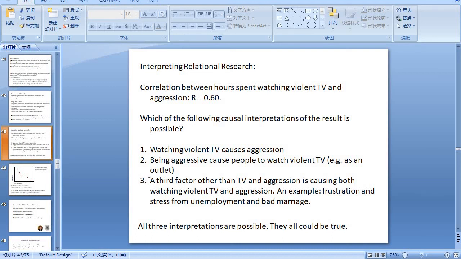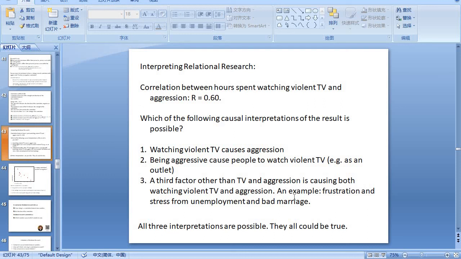And then a third possibility is that a third factor other than TV and aggression is causing both watching violent TV and aggression. So something else is making some people watch a lot of violent TV and be violent.